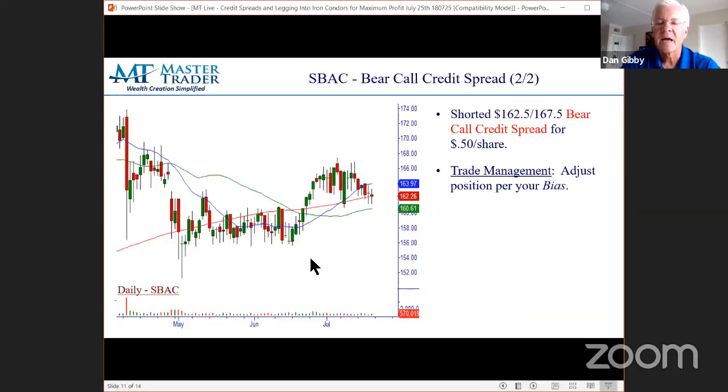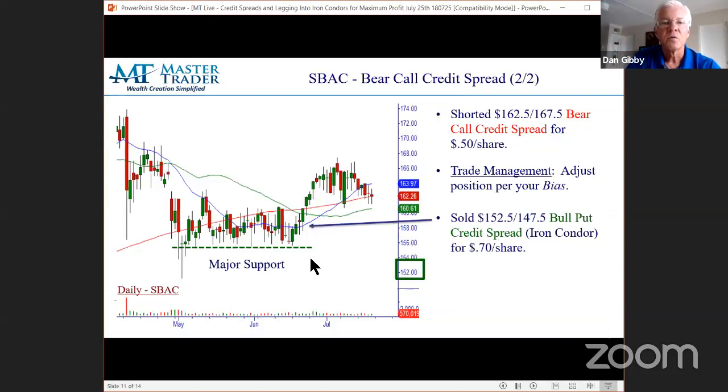Now, slide 2. Has our bias changed? You better believe it's changed. We thought it was going to continue down or just chop around sideways, but it took out the high. So what did we do? Bar by bar, we're adjusting our bias. So on that bar that it's pointed to, we sold an out-of-the-money put spread.